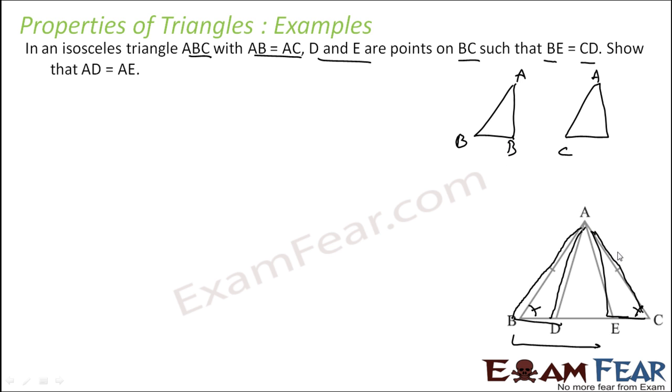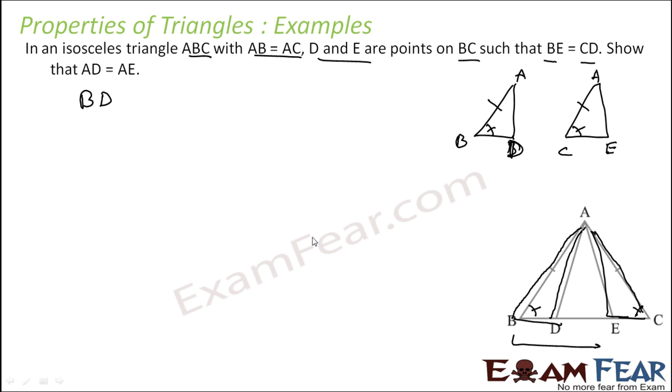This is ABD, this is ACE. Angle ABD and angle ACE are equal, that is given. AB is equal to AC is also given. So if we can prove somehow BD is equal to CE, then we can easily prove AD is equal to AE by proving that these two triangles are congruent. So BD is equal to CE we have to prove.